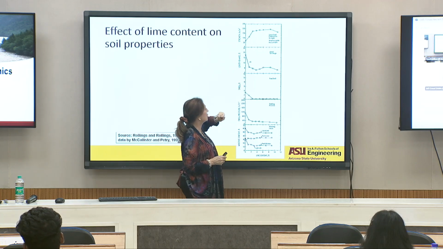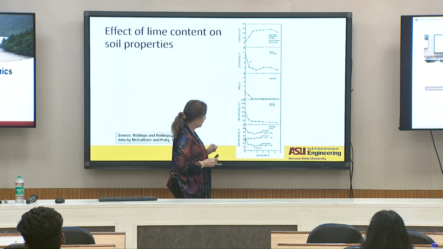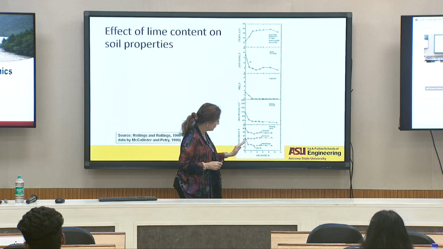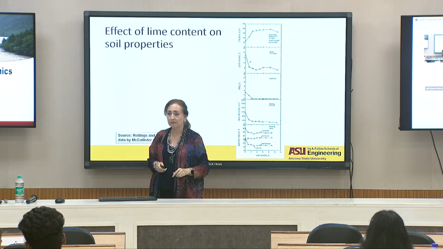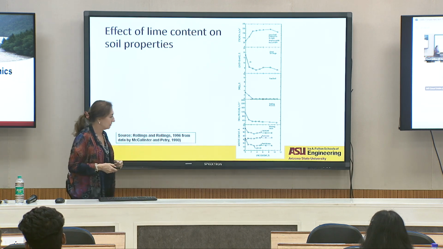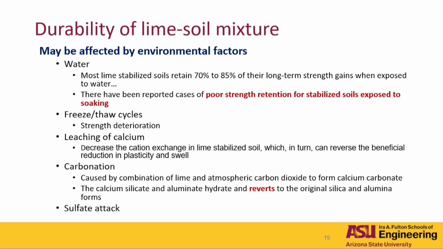You see the dramatic change on that. The swelling is also reduced. The swelling pressure is reduced. The liquid limit is reduced. The plastic limit goes a little bit higher, and therefore the PI goes down. So you can check your soils and figure out what lime content will just stabilize your soil so you don't go too much.